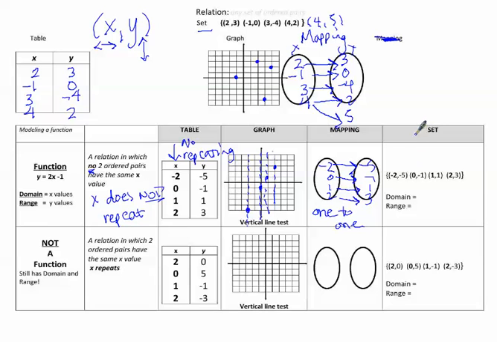If I were to define what the domain was, I need to write my brackets, and I'm going to write all of my x values, and these need to be from least to greatest. So for example, -2, 0, 1, 2. Then I'm going to write my range, which is all my y values. Again, they need to be from least to greatest: -5, -1, 1, and 3.